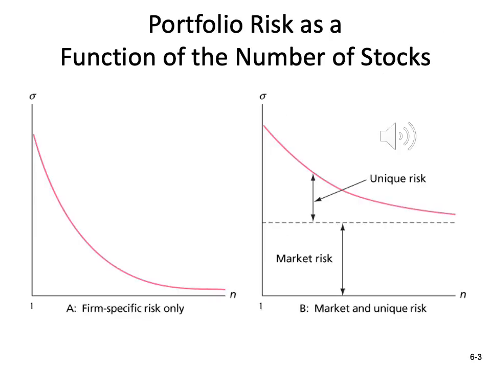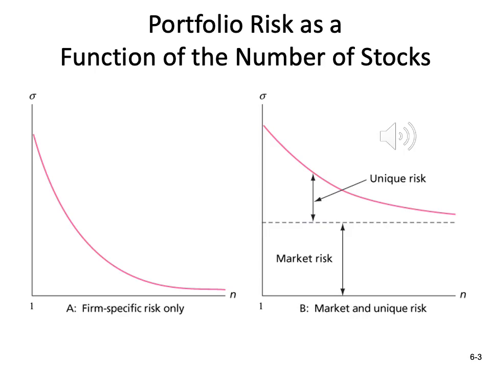We can plot the relationship between the number of stocks in the portfolio and the portfolio risk. So we look at the left-hand side picture first. On the vertical line, we have the portfolio standard deviation. On the horizontal line, we have the number of stocks. We first look at firm-specific risk only, so the standard deviation only captures the firm-specific risk.